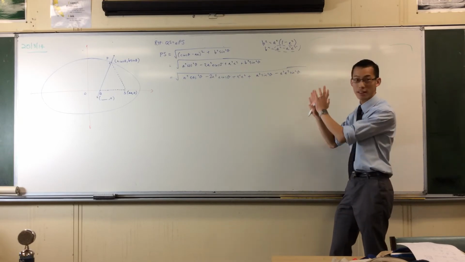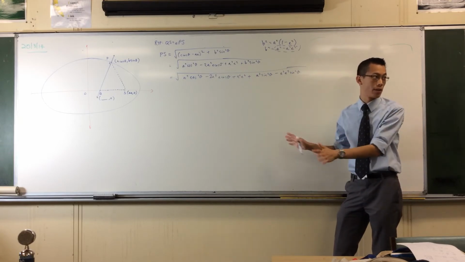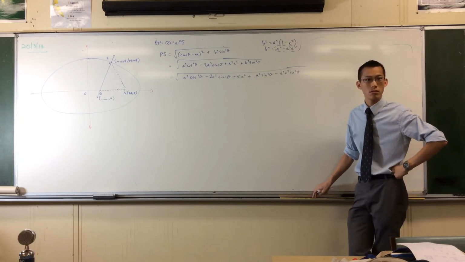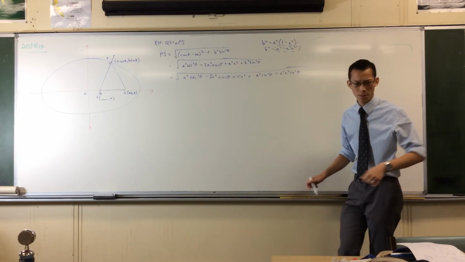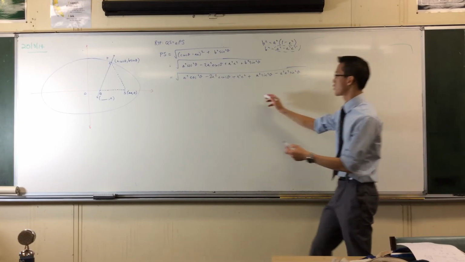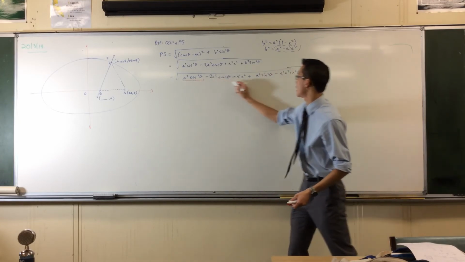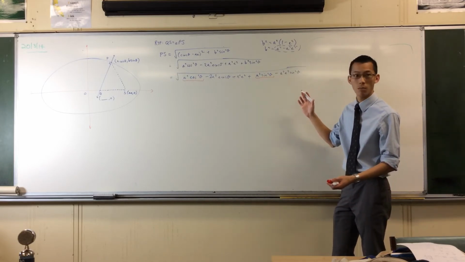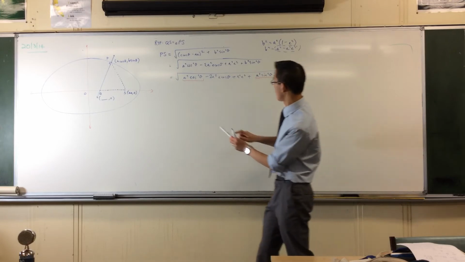And if I can get everything in terms of something squared, then that'll be really nice. I can get rid of the square root. What can I do here? What kind of options do I have? Okay, so I can see a cos squared and a sine squared here, right? So they're actually just going to become a squared, aren't they? So I can do that.